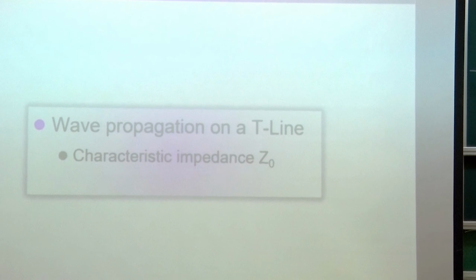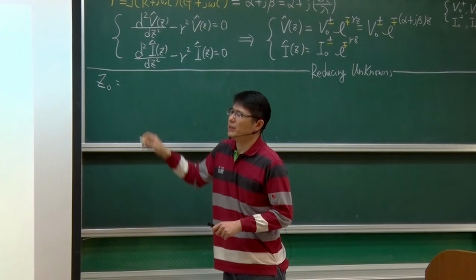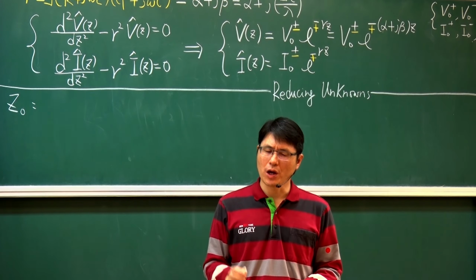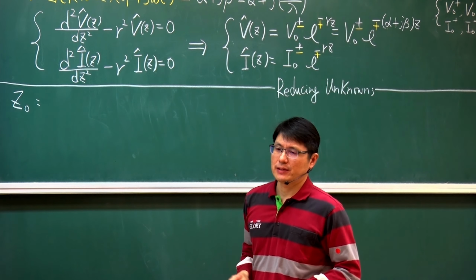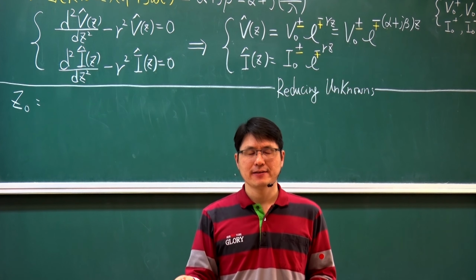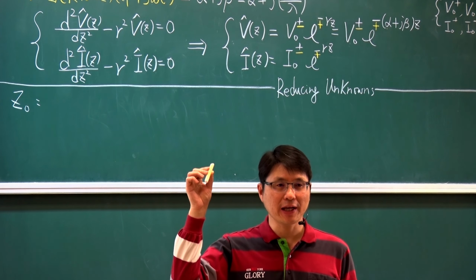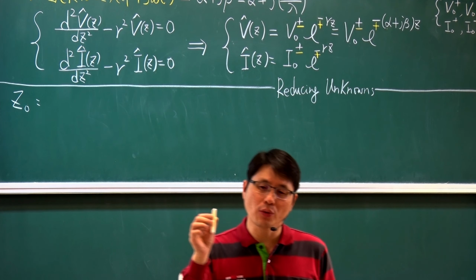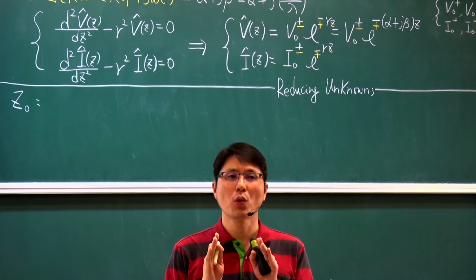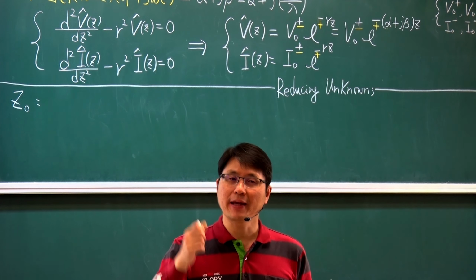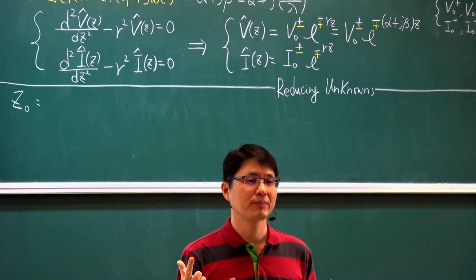So Z0 is really trying to ask, okay, from above, we learned that on the same transmission line, voltage and current, no matter forward propagating or negatively propagating, they have the same wave behaviors. They have the same loss, they have the same effective wavelength.